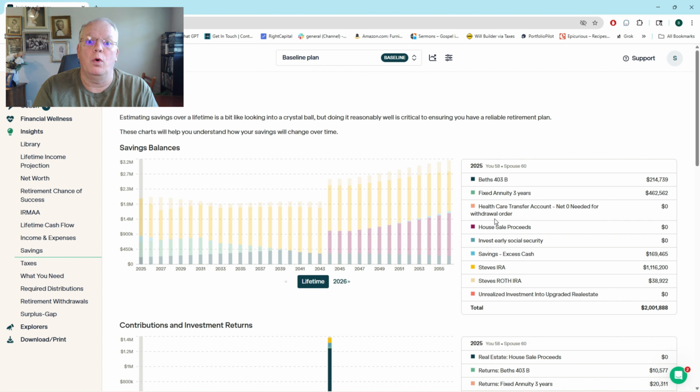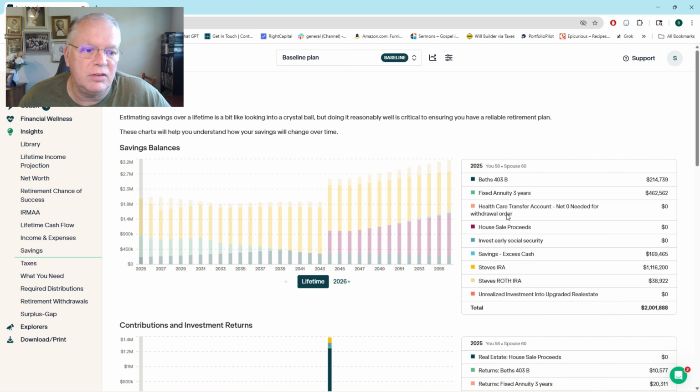Then I do 4 more transfers for ages 61, 62, 63, and 64. Each year I do a transfer into this healthcare transfer account. My order of withdrawal has this healthcare transfer account first, but it doesn't have any money in it till 61, when I have to start paying for my own health insurance when my wife retires. So that's the point of this.